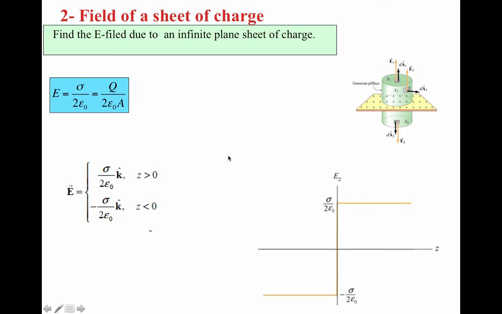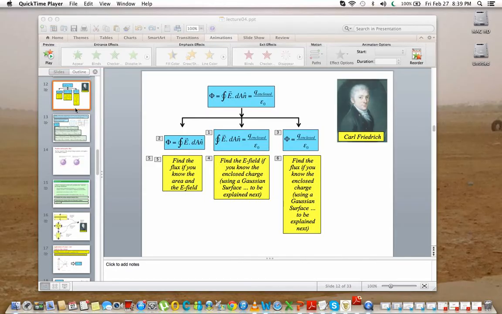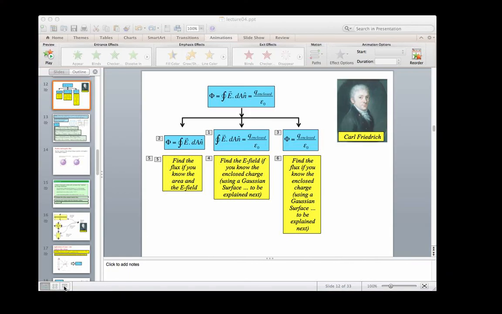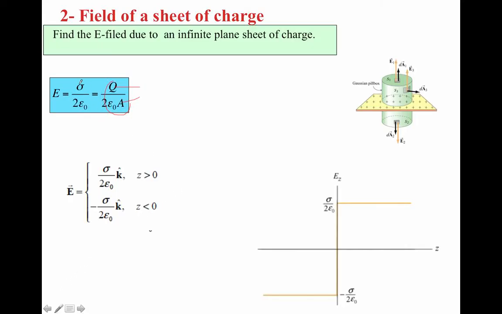If we want to plot this, notice that the electric field is constant: A is constant, Q is constant, and the 2 and epsilon are constant. So with this definition, the electric field on this side is directed along z hat.